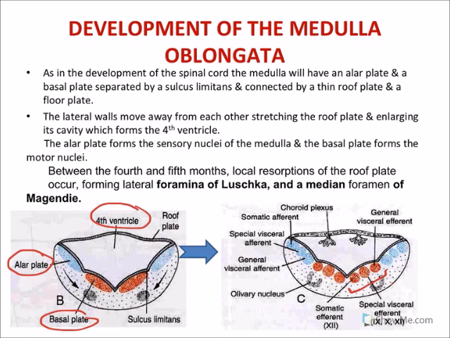If you remember, in the spinal cord, the alar plate and the basal plate are connected by a roof plate. So this is the roof plate in the case of the medulla oblongata. But what happens in the medulla oblongata is that both alar plates are separated to the lateral sides, stretching this roof plate to form the cavity inside.